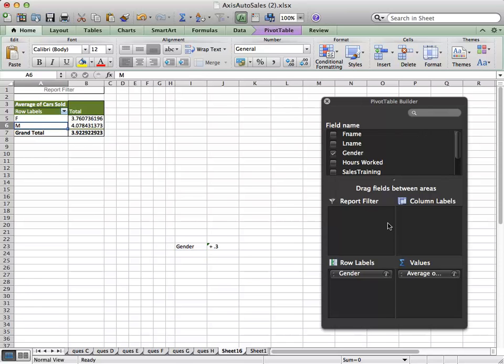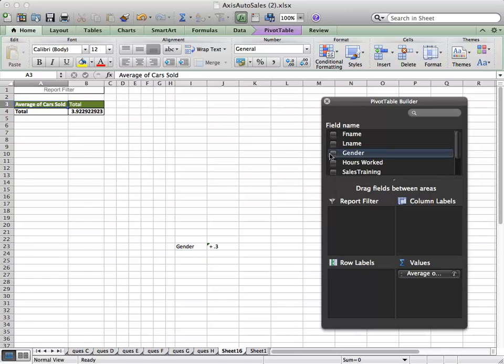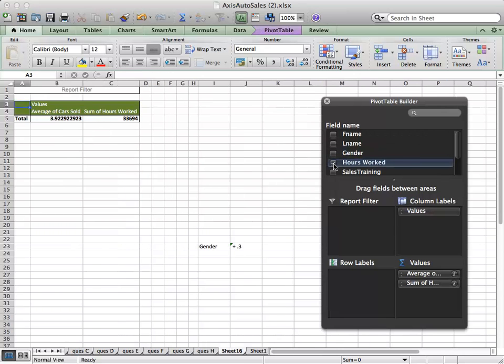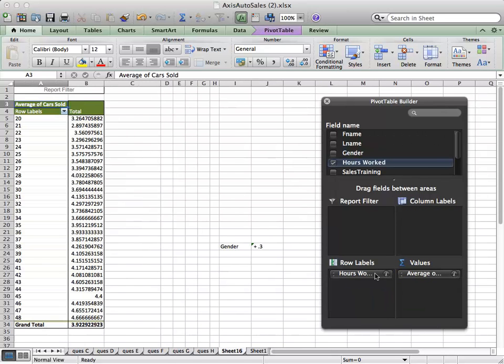And hours worked can make the difference between 3.2 and 4.6.